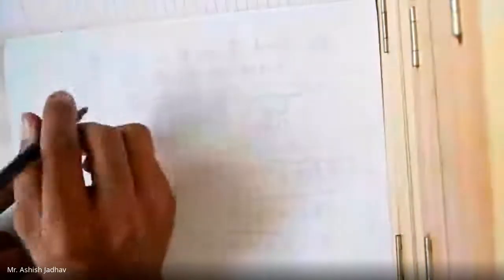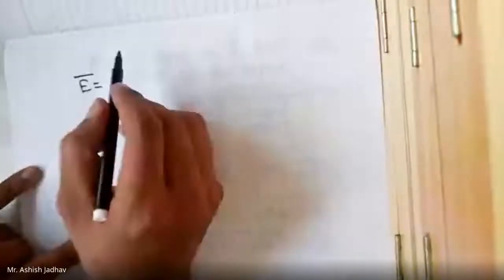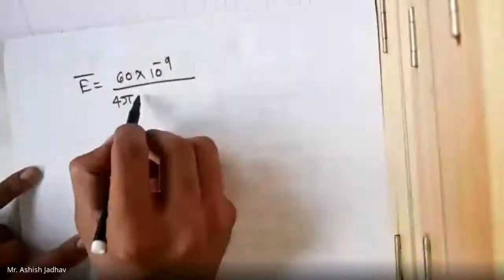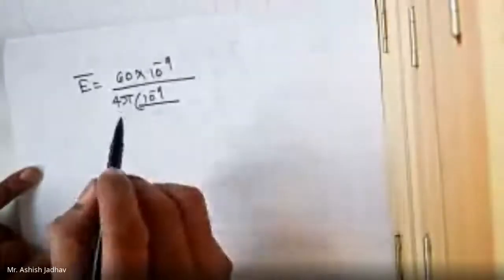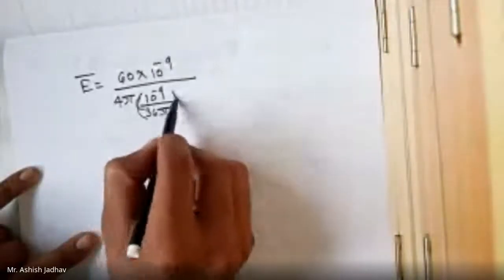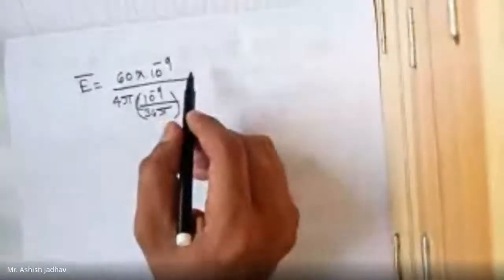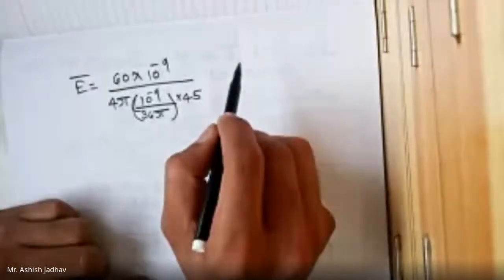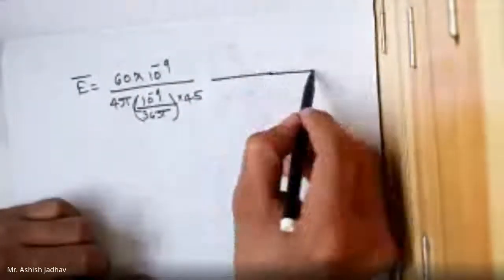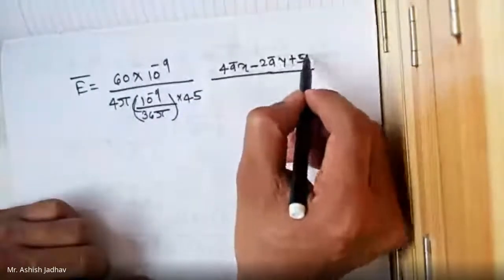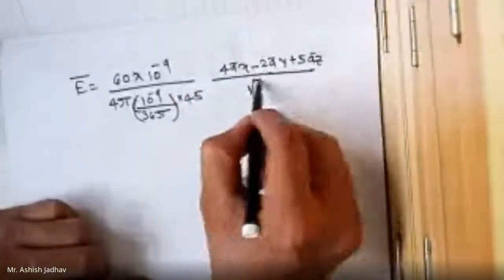So E bar is equal to 60 into 10 raised to minus 9, this is Q, divided by 4 pi epsilon naught. Epsilon naught is 10 raised to minus 9 divided by 36 pi, so the 10 raised to minus 9 terms are going to cancel, into, now I will write 45 directly instead of writing square of square root of 45, into 4 a bar x minus 2 a bar y plus 5 a bar z divided by under root 45.